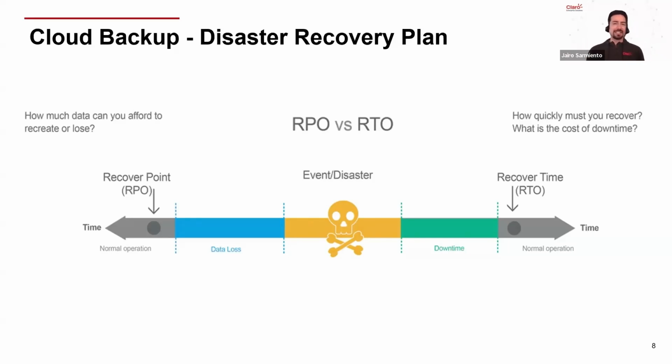That's the reason why organizations need a robust DRP, or disaster recovery plan. Right? With a plan like the one that you see here, this is of course high level, you'll know how to quickly recover from an incident.